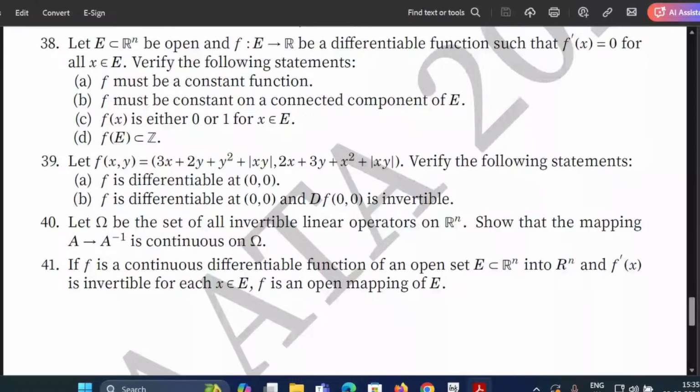But is gamma of t in E or not? We can define this. A path means a continuous function from 0, 1 to E, joining A and B. So gamma of 0 is, let's say, A, and gamma of 1 is B. The initial point of the path is A, the terminal point of the path is B. So I think the proof will work.